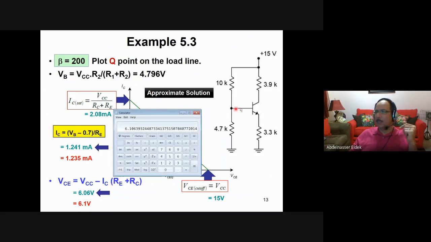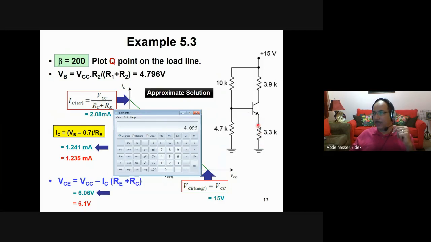Okay, but now let's calculate IC and VCE. IC equals, the voltage here is VB, which is 4.796, minus 0.7 volt. This is the voltage here.